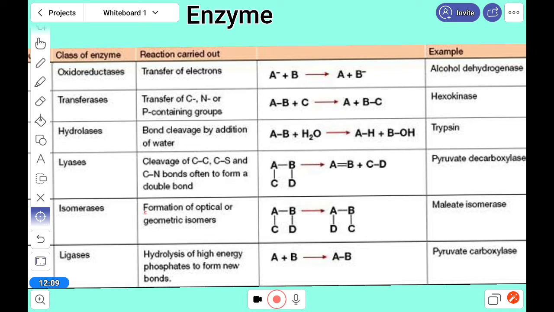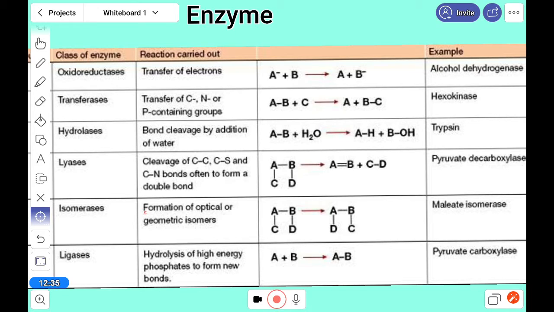Suppose oxidoreductase, here is transfer of electrons, it means removing or adding electrons from the structure. Suppose alcohol dehydrogenase, when it converts alcohol to aldehyde, the electron can be transferred.